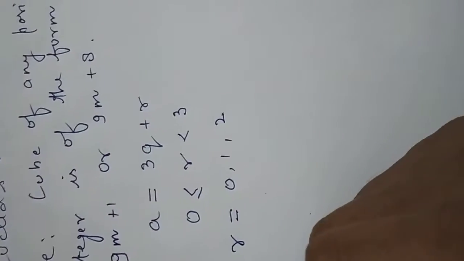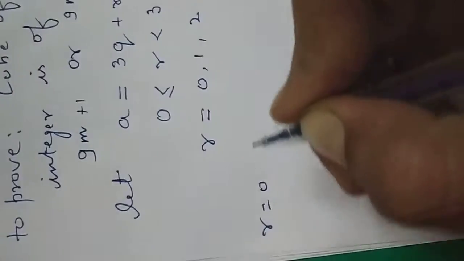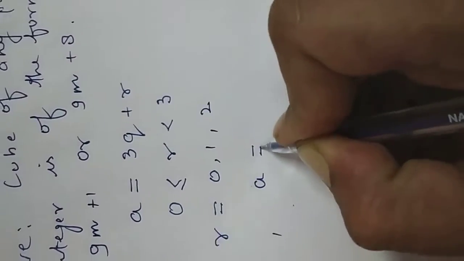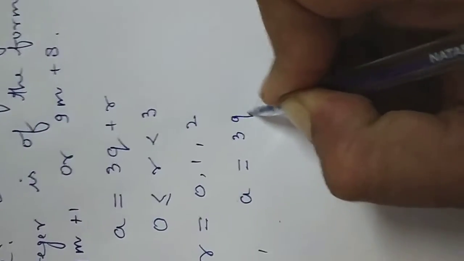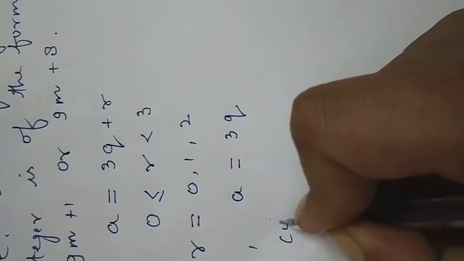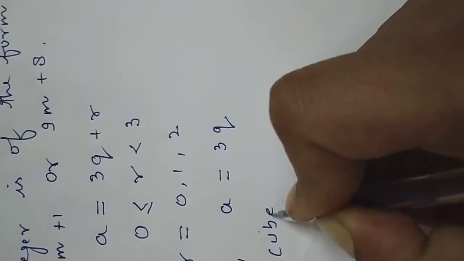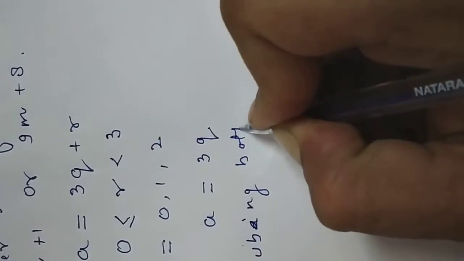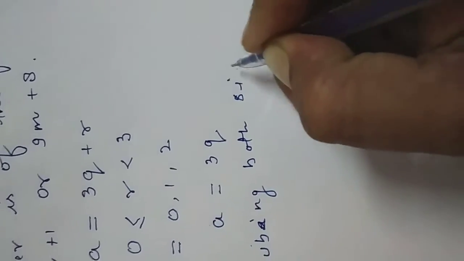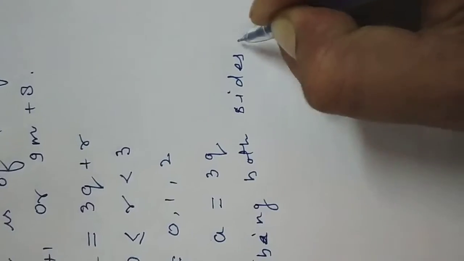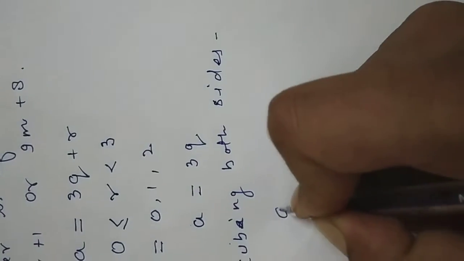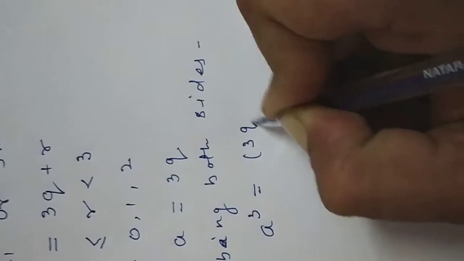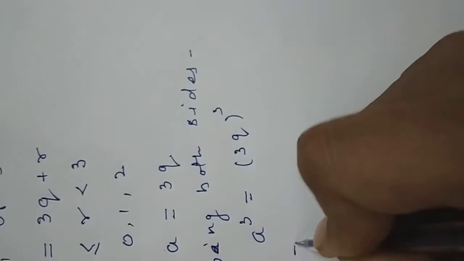Now, when r is equal to 0, a becomes 3q. Cubing both sides, what will it be now? a cube is equal to 3q whole cube.